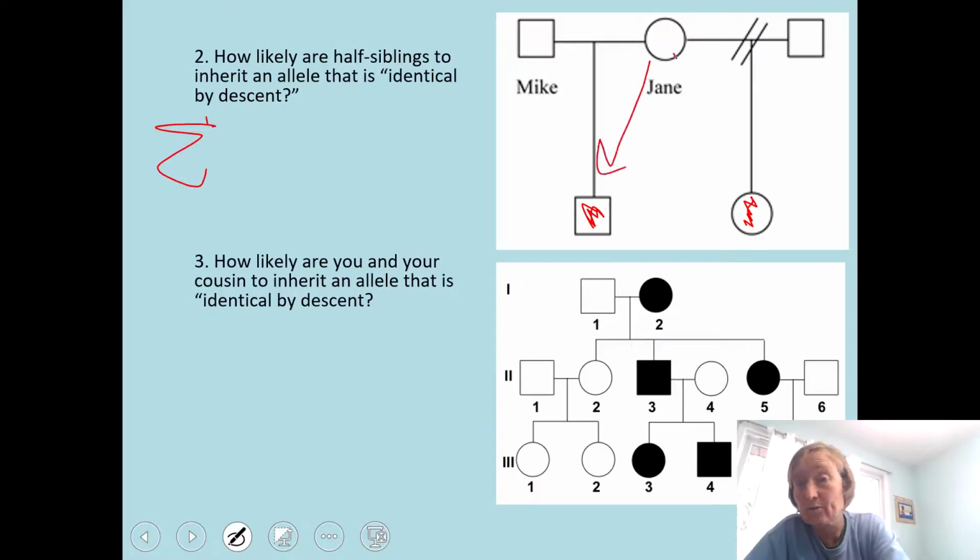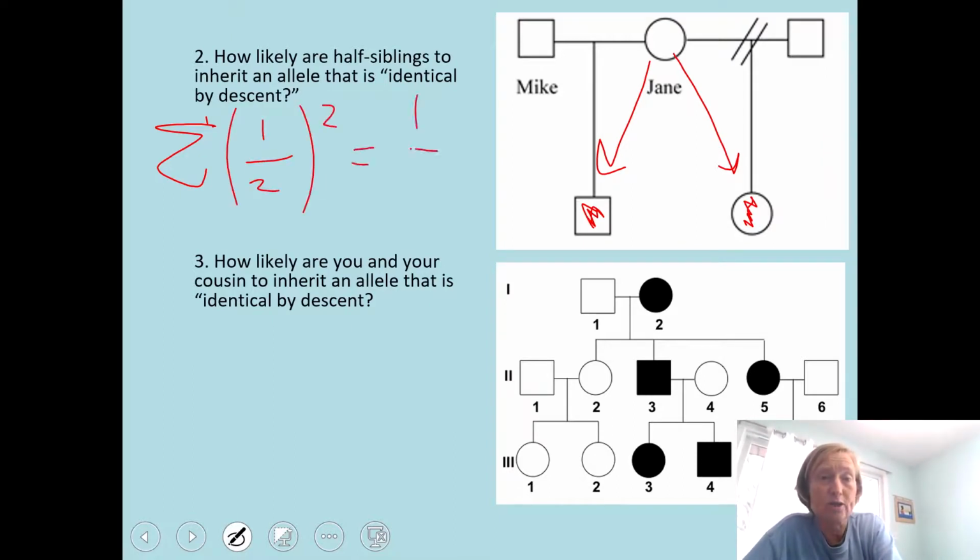That would be only through their mom, through Jane, right? And the pathway is 2 arrows long, or 2 units long. So 1/2 raised to the power 2 is 1/4. The coefficient of relatedness for half siblings is 1/4. They share about 25% of their genes.